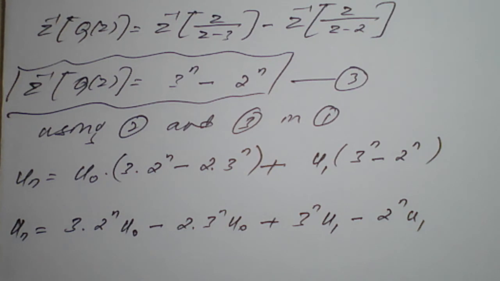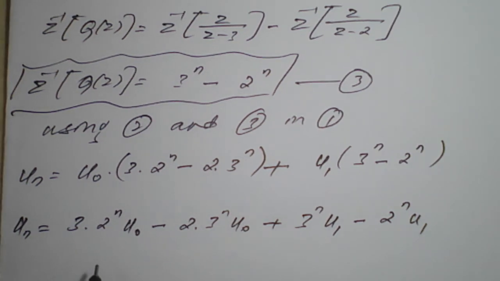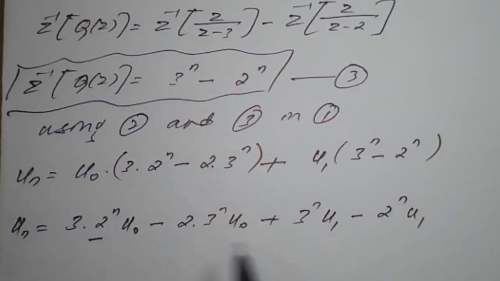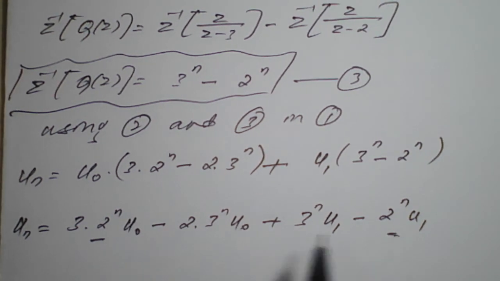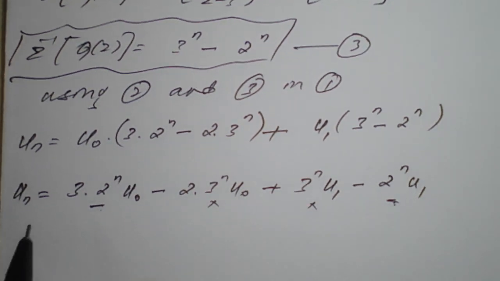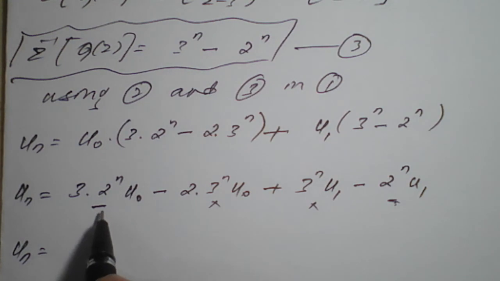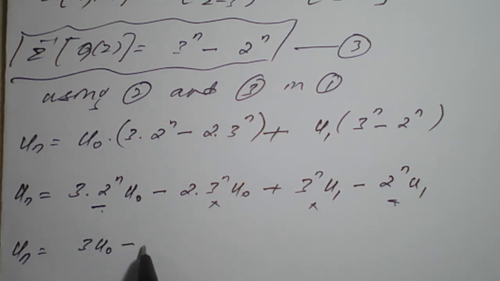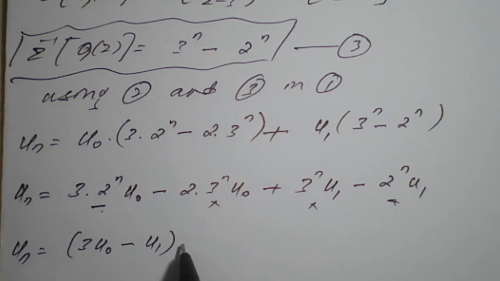Now I want to simplify this one. I will take the first and the last term, from which I want to take 2 raised to n common, and from the second and the third term I will take 3 raised to n common. So un is equal to, from the first and the last one, I take 2 raised to n common, so I get 3 u naught minus u1 of 2 raised to n.